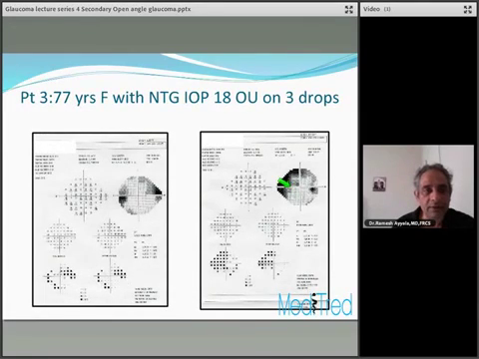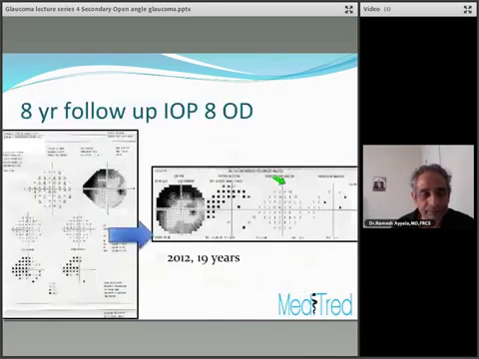Here is another 77-year-old female with normal tension glaucoma. When she first presented, IOP was 18 on 3 drops, and the patient had a vision field, especially in this particular eye, extending as a nasal step into the fixation. 8 years later, with intraocular pressures around 8 millimeters of mercury following trabeculectomy operation, here is what you will see.